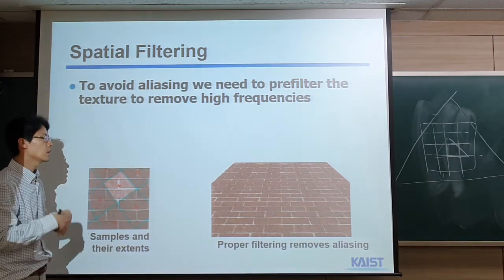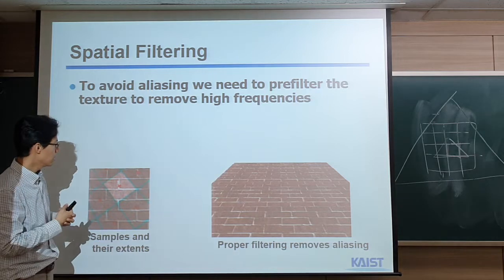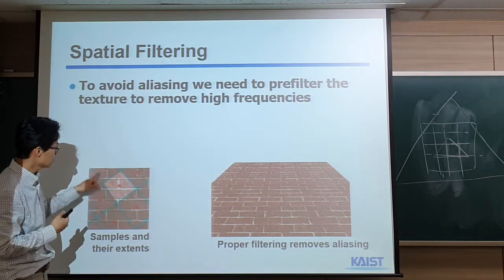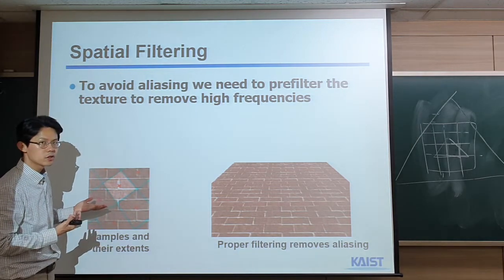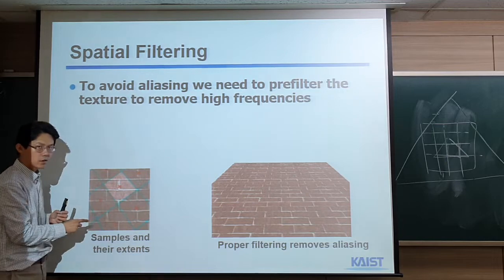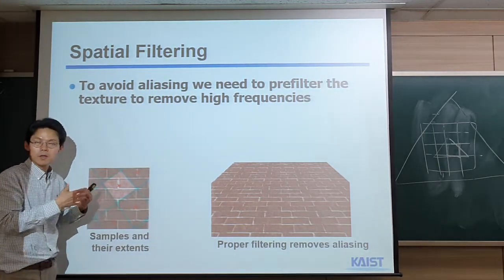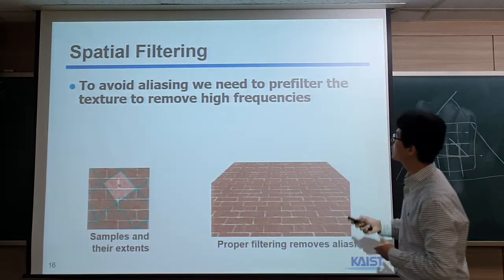The question is what is the representative texture color for that region, right? One simple approach is that we can look at all the texture colors within the region, and then we can compute the average color, right? We can do that.